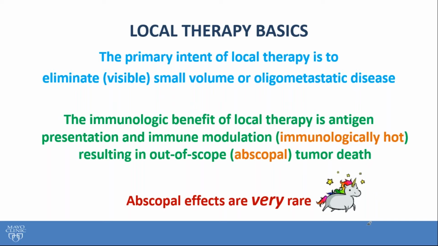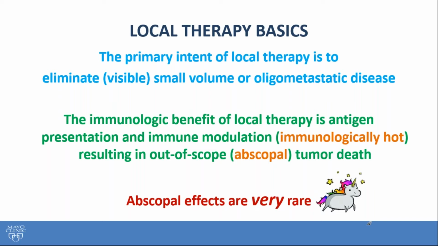So the primary intent of local therapy is usually to eliminate visible small volume or oligometastatic disease. There's a nodule or there's a mass, and we tackle the mass, and we hope that it shows response and lack of progression. But the immunologic benefit is not something that we're used to looking at. And it involves, obviously, antigen presentation and modulating the immune system, making things become immunologically visible or hot again.